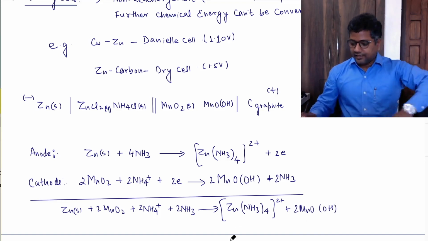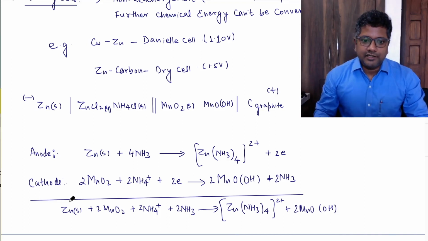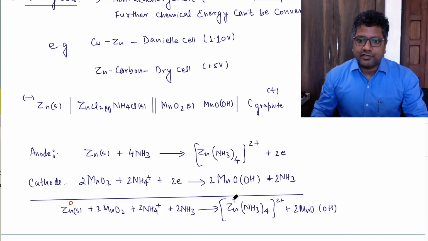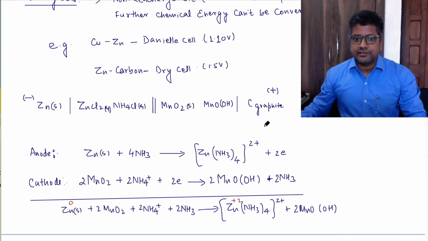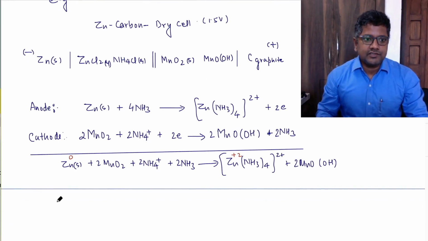So this is the net reaction. See, zinc here is 0, here it is plus 2. So in this reaction, zinc is oxidized to Zn2+.